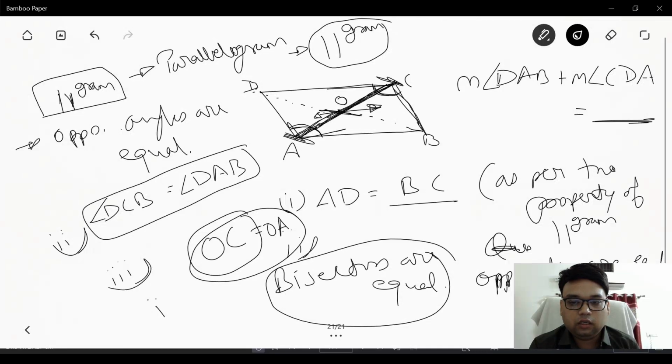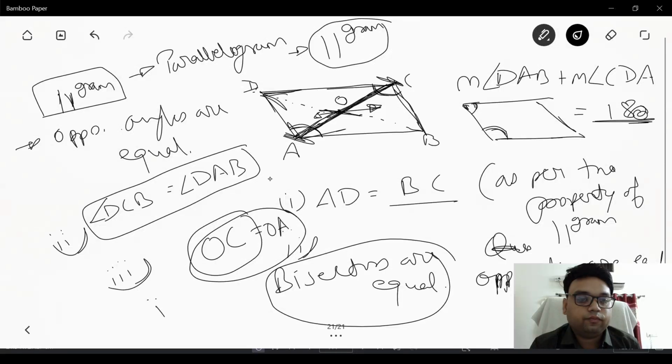Here this one is equal to 180 degrees, because adjacent angles add up to 180 degrees. These are the adjacent angles, so their sum will be equal to 180 degrees.